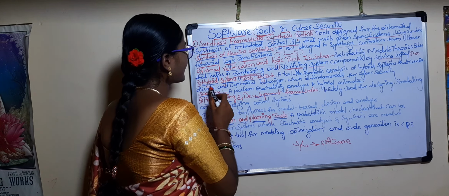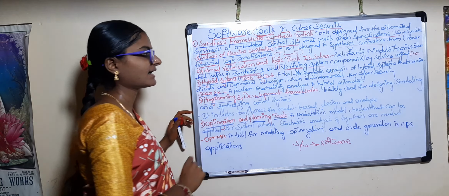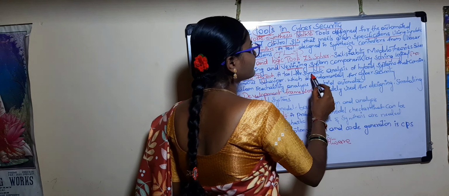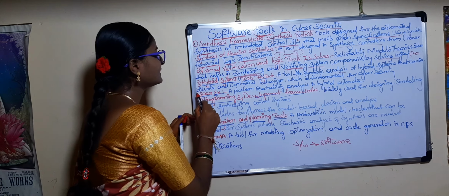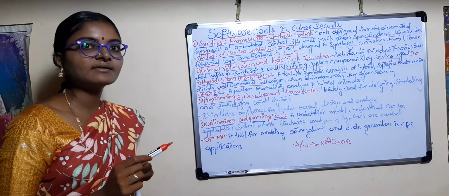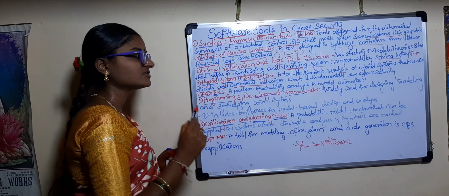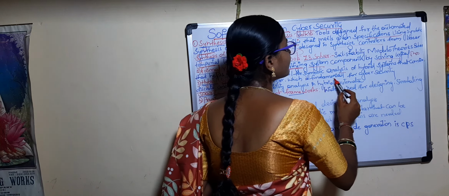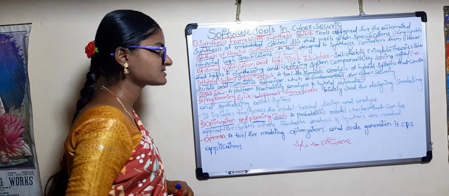And next one, hybrid systems tools: HyTech. HyTech is a tool for symbolic analysis of hybrid systems, for combined discrete and continuous behavior. It combines both discrete and continuous behavior, which is fundamental in cybersecurity.